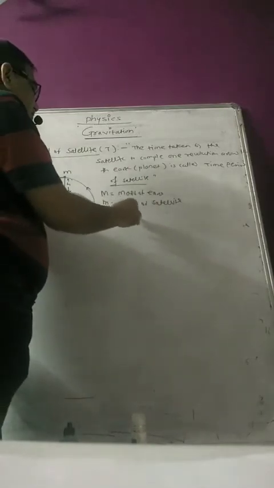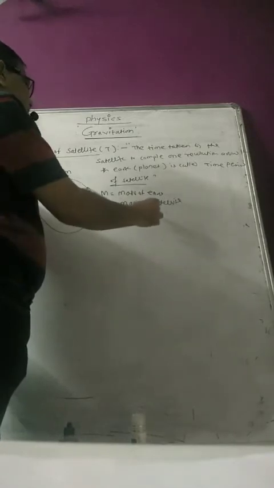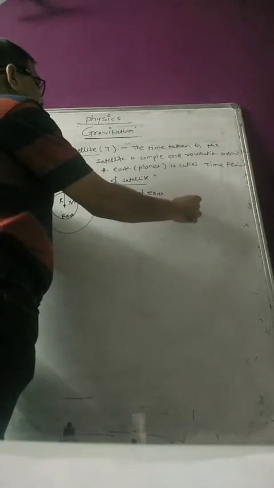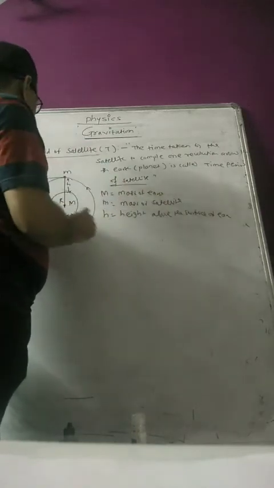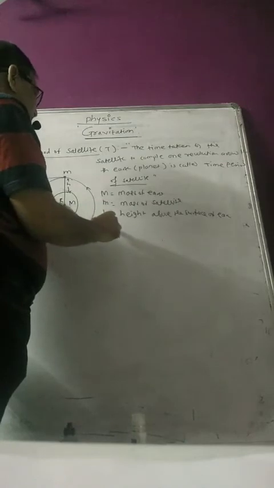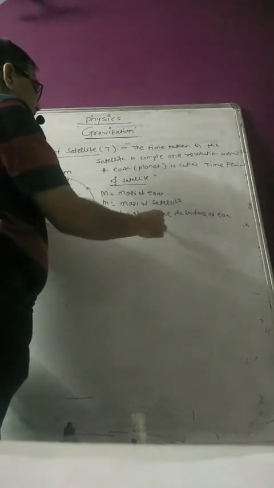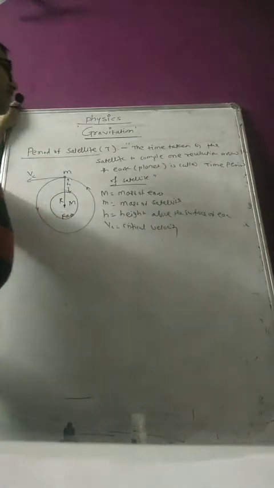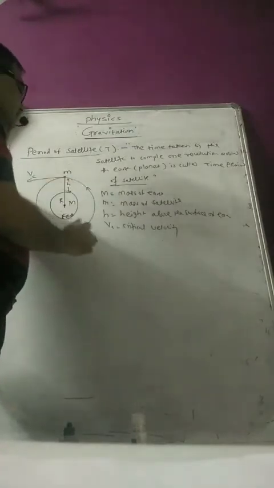And h is the height above the surface of earth. What will be the critical velocity with which the satellite is going to move around the earth? That is square root of GM by r, where r is R plus h, above the earth's surface.